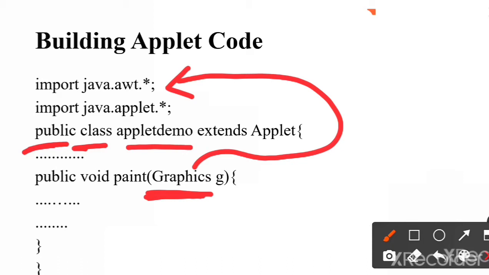Since we are taking the help of the Applet class, we have to inherit that Applet class into our current class. Hence we write extends Applet. Here Applet is a class, hence it begins with a capital letter. Here applet is a package, hence it is written in lowercase.